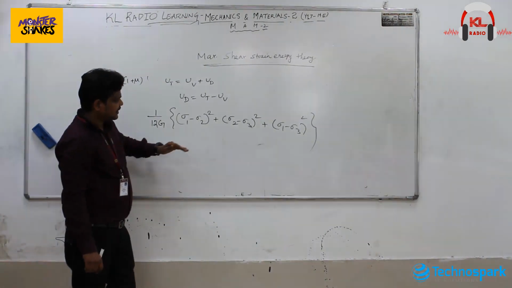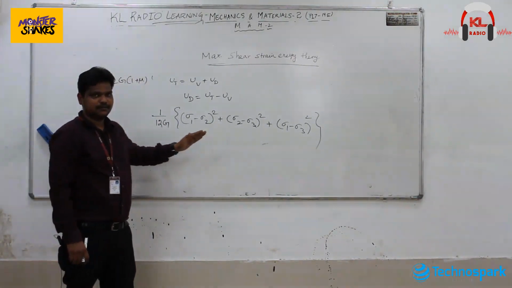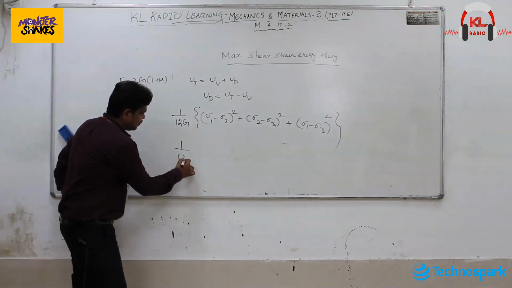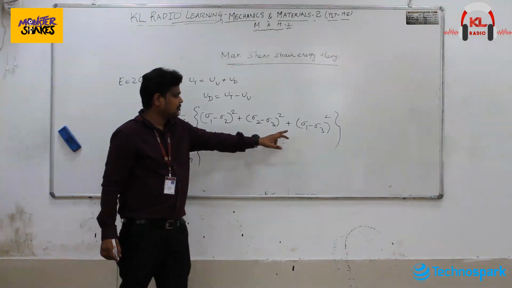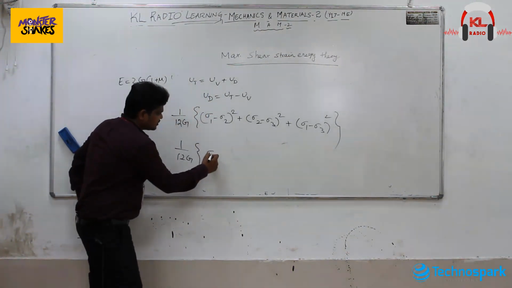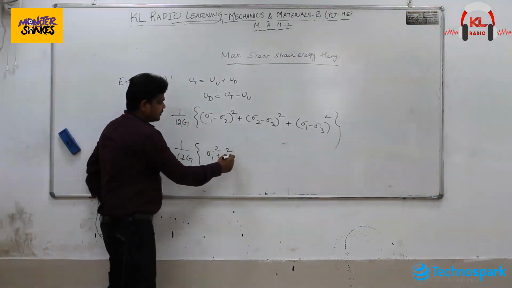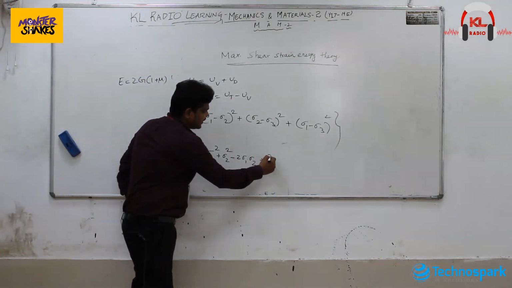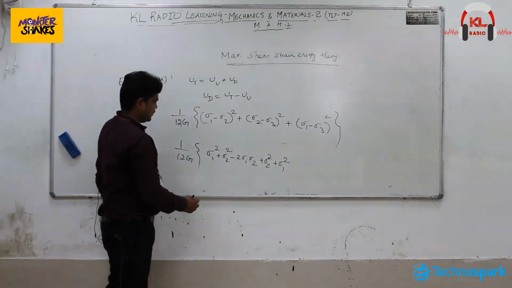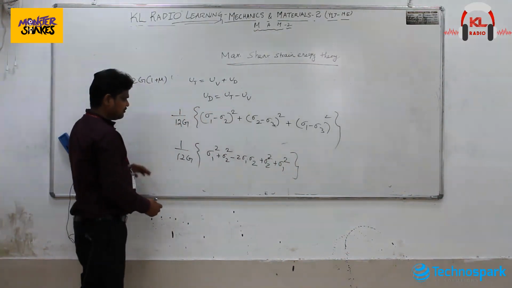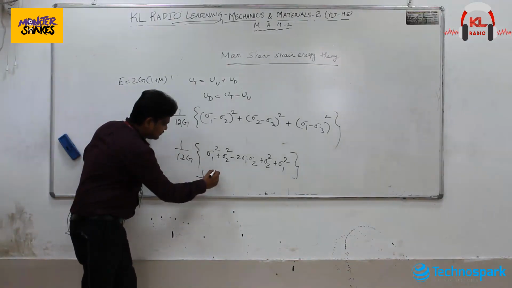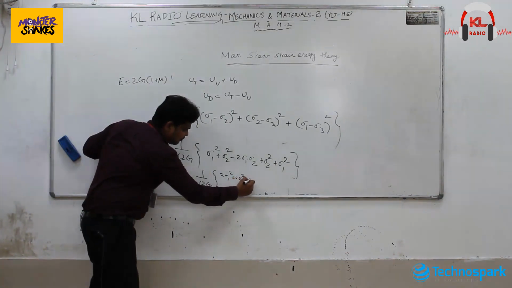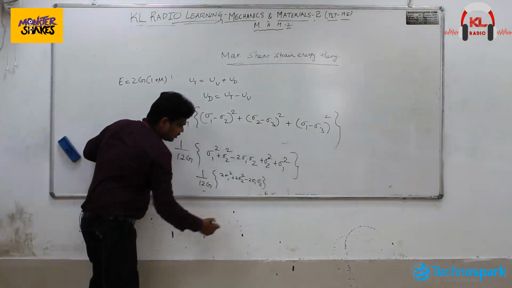Now I'll reduce this to a biaxial loading condition, where we solve all the equations for the biaxial condition. It will be reduced to 1 by 12G, and in biaxial sigma 3 will not be there. So it will be sigma 1 square plus sigma 2 square minus 2 sigma 1 into sigma 2 plus sigma 2 square plus sigma 1 square. This can be simplified as 1 by 12G times 2 sigma 1 square plus 2 sigma 2 square minus 2 sigma 1 into sigma 2.